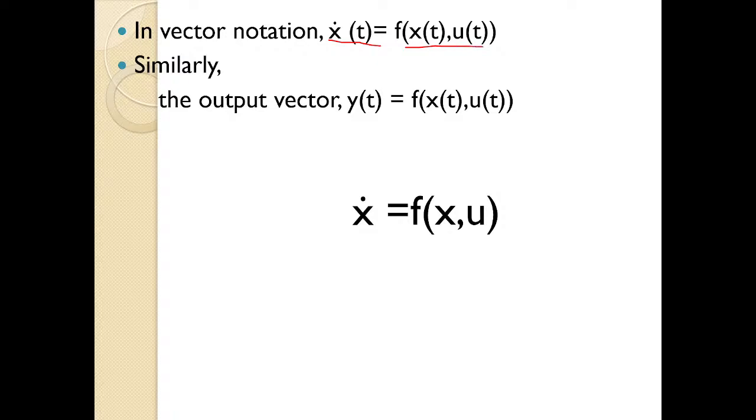Instead of writing that, you can even write x dot is equal to f of x comma u.